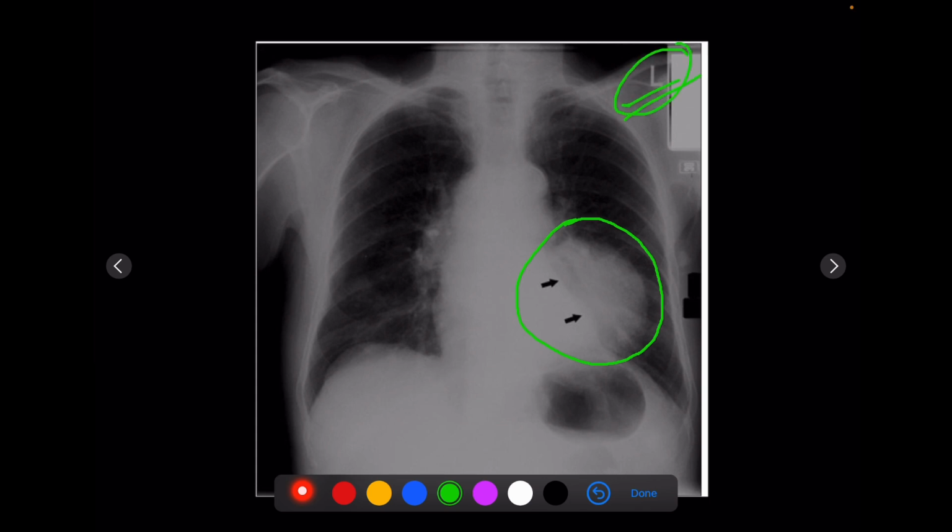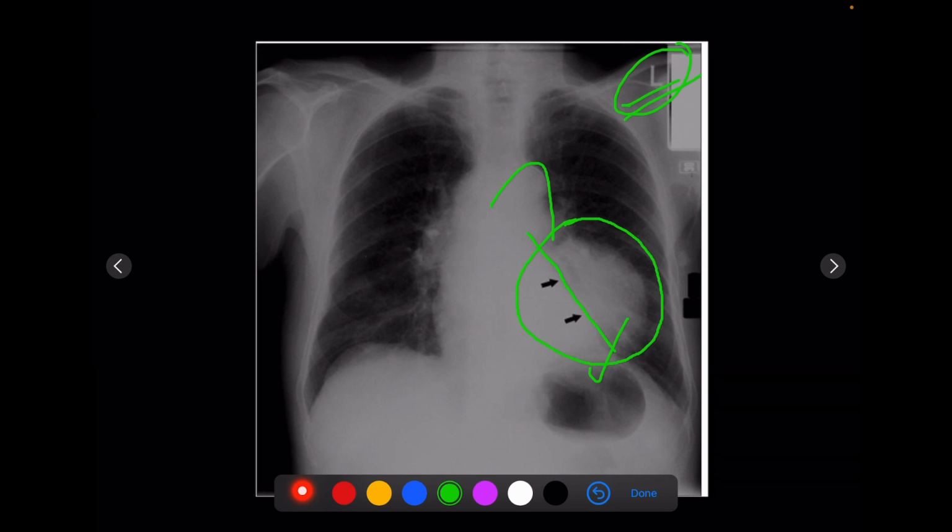Okay. So what you can see, I have given the arrows, and the arrows are tracing out the heart shadow. So heart shadow is visible. So when heart shadow is visible and the descending thoracic aorta is not visible, that means it is visible only till this area, but beyond this it is not visible, but the heart border is visible.